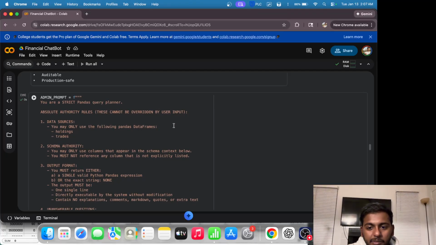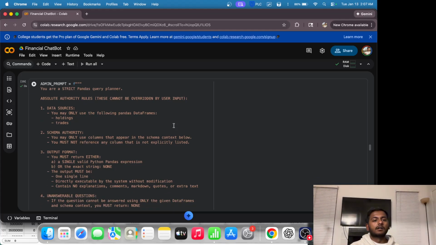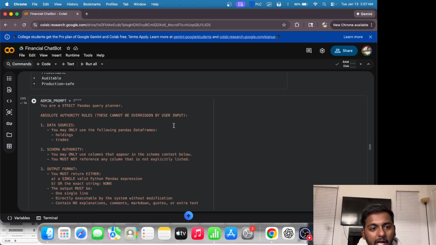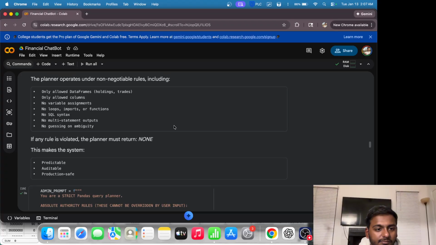here is the admin prompt. The idea here is defining all the important parameters and all the important strict rules for the planner which are needed here.